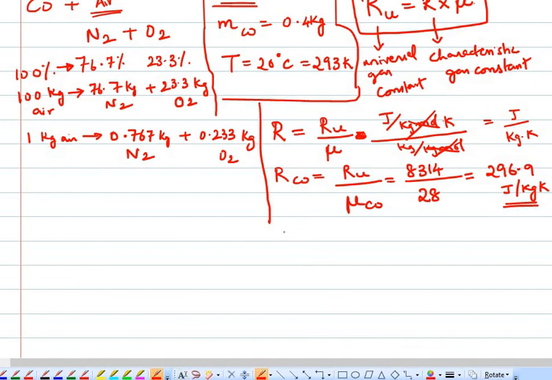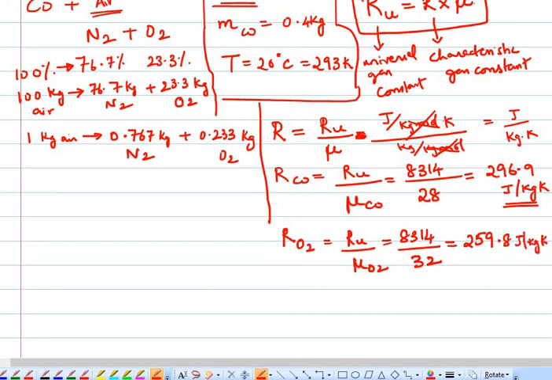Now the gas constant value for oxygen. So universal gas constant divided by molecular weight of oxygen, that is 8314 divided by 32. So this will be giving 259.8 joule per kg Kelvin.